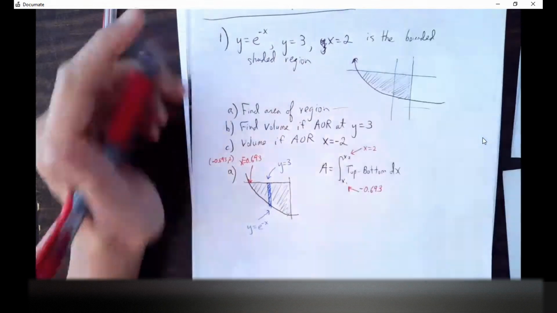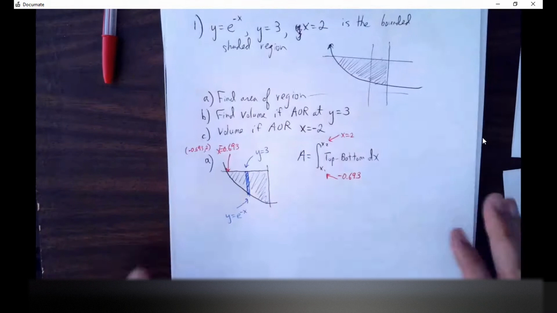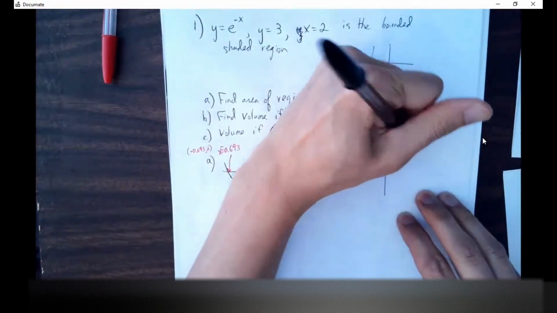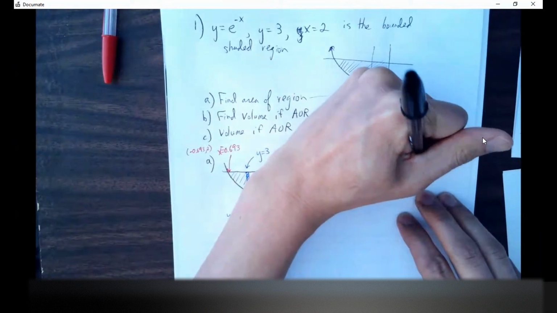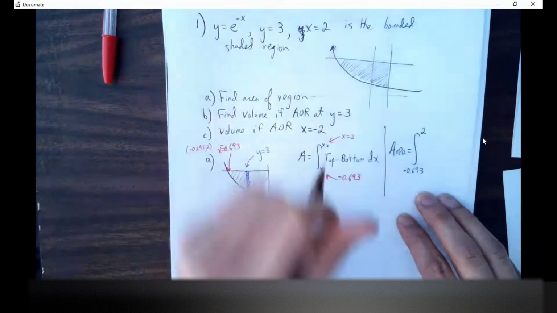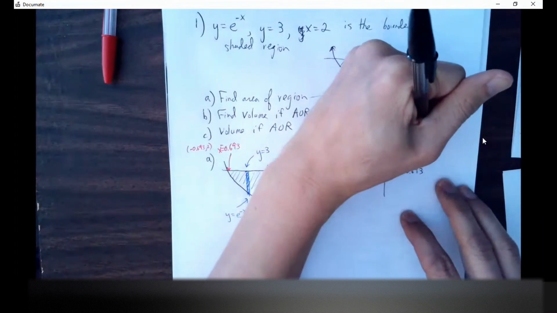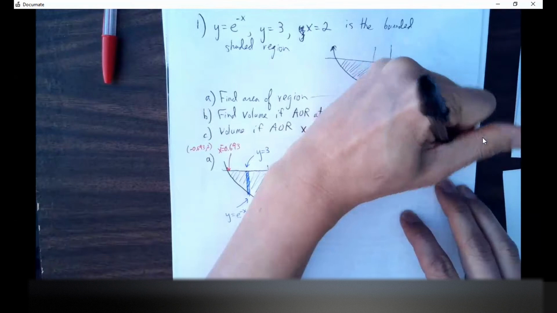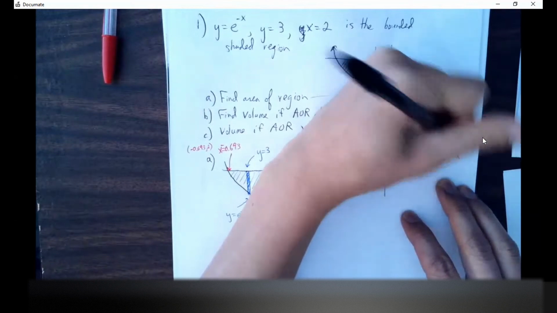All right, so here's my area. Top graph minus bottom graph. 3 minus parentheses e to the negative x.